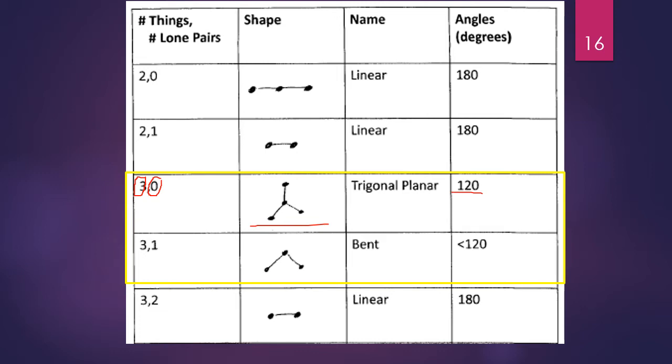In the example of sulfur dioxide, there were 3 things around sulfur, 2 atoms and 1 lone pair. The second number asks how many of those things were lone pairs, and our answer is 1. It had 1 lone pair. So we follow this category. It shows us the shape, tells us the geometry is bent, and that the angle is less than 120.